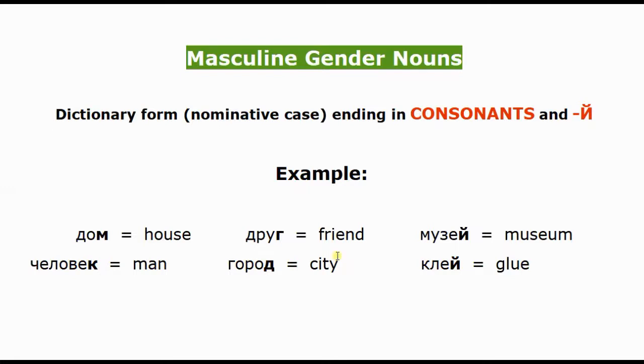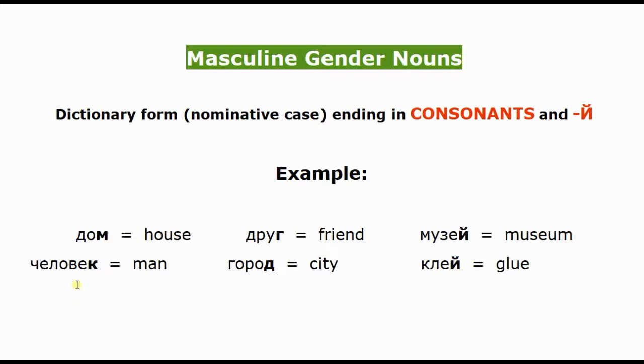So let me give you some examples. First example, we have this noun дом, which means house, and in this case дом is ending in the consonant м. So we know that this noun is of the masculine gender.